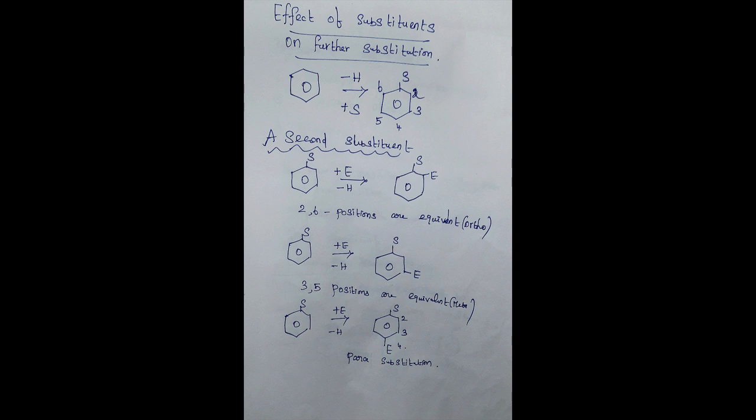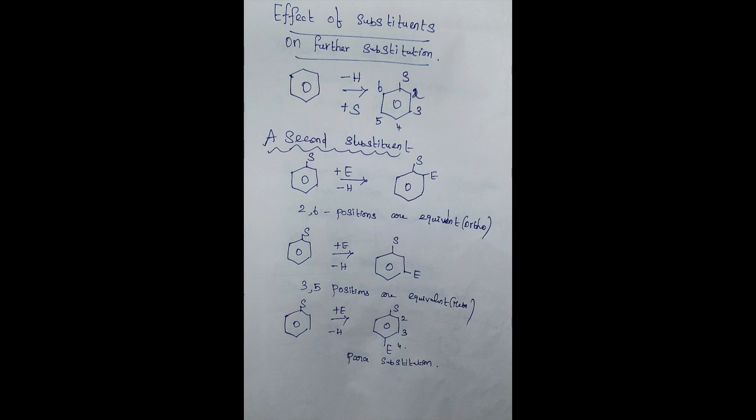Now we are going to learn about the effect of substituents on further substitution. That is the second substitution. So, the electrophile is attacking a monosubstituted benzene ring. Here hydrogen is substituted by the electrophile.